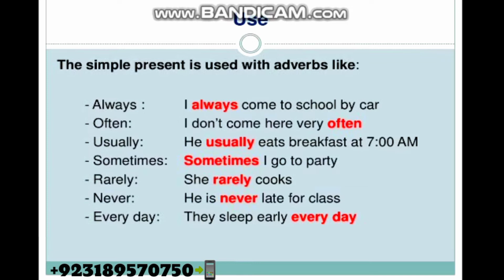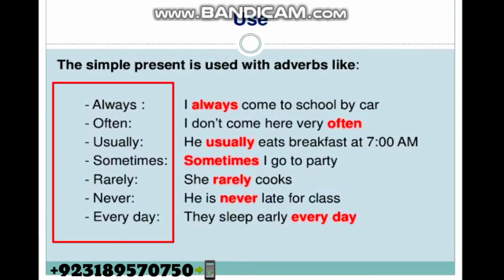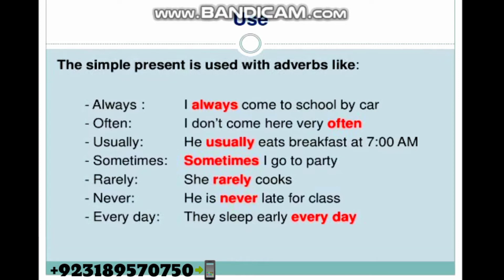Simple present tense is used with adverbs like always, often, usually, sometimes, rarely, never, every day. These are adverbs, and let's look at how we use them in sentences. I always come to school by car. So here always is an adverb, and we use it in simple present tense.